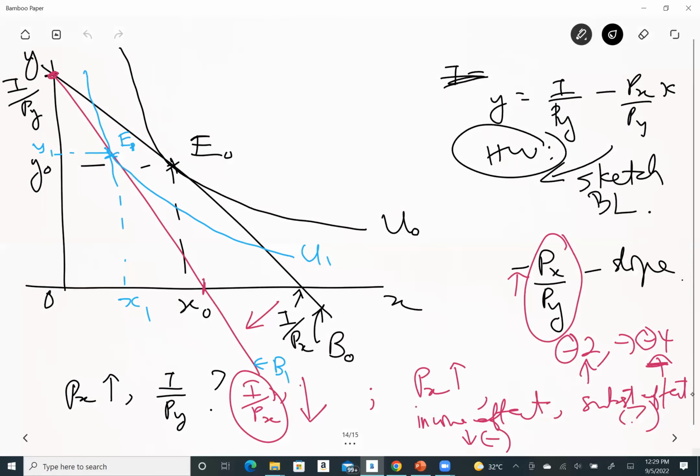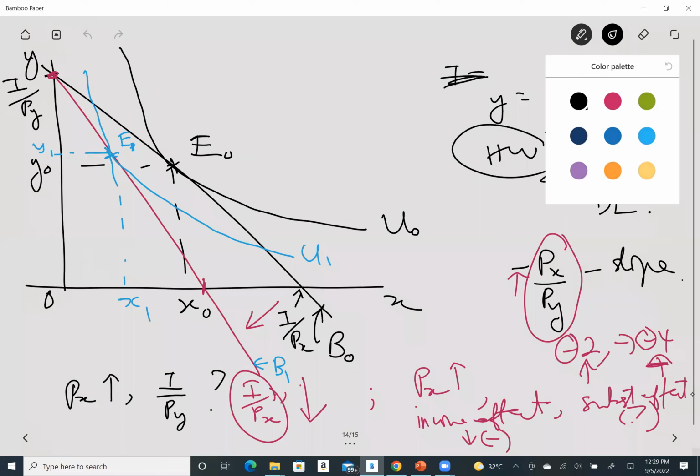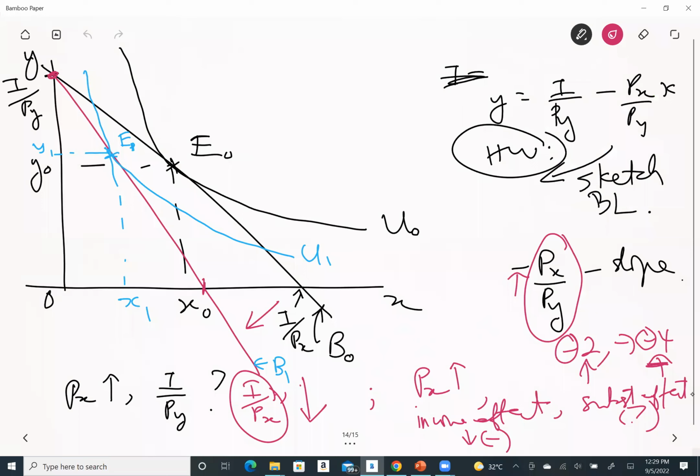If I have the income budget line written in terms of Y, I get Y equals I over Px minus Px over Py times X. All right, so I'll give you another practice homework. What you do here is you draw another diagram.